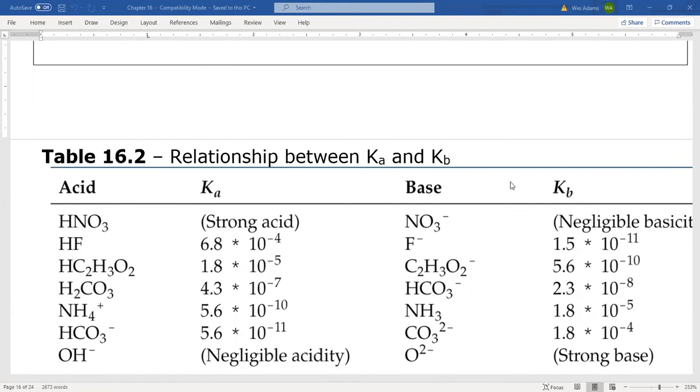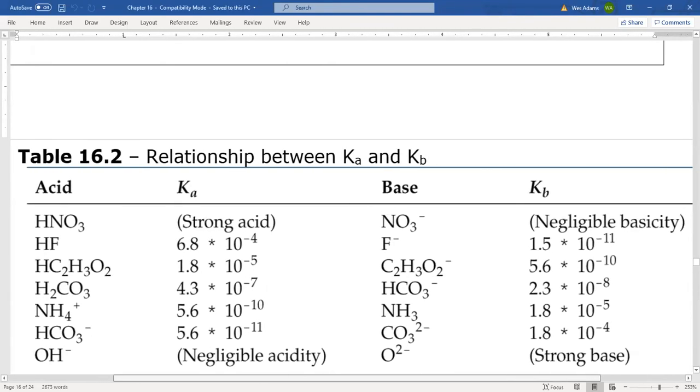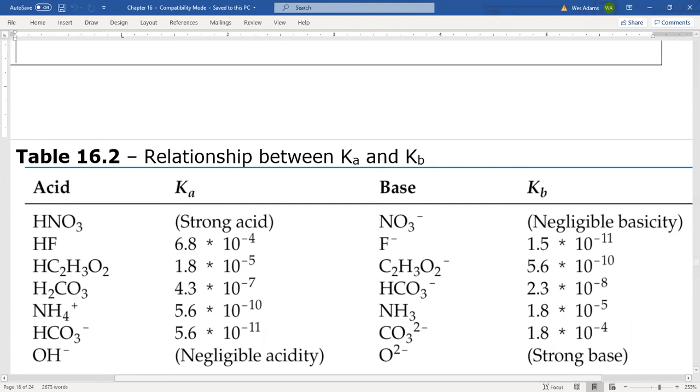So if we look at this table, we can see the relationship between Ka and Kb. For a strong acid like nitric acid, there really isn't a Ka because it's a one-directional reaction, being extremely large. But if you got a conjugate base for a strong acid like nitrate, it's not really a base.